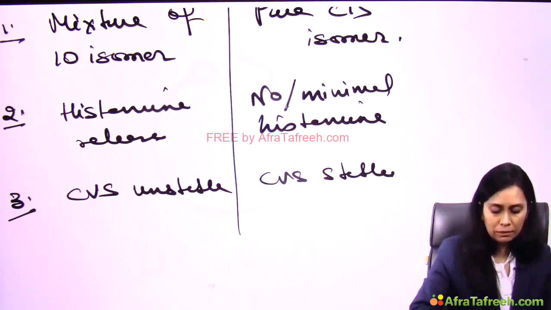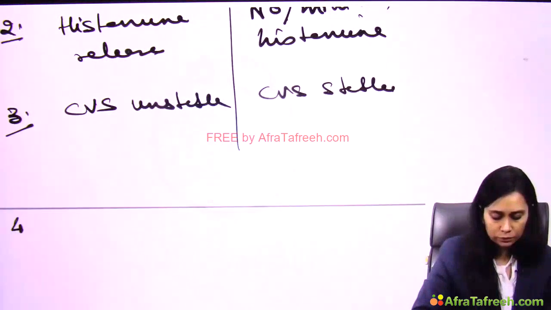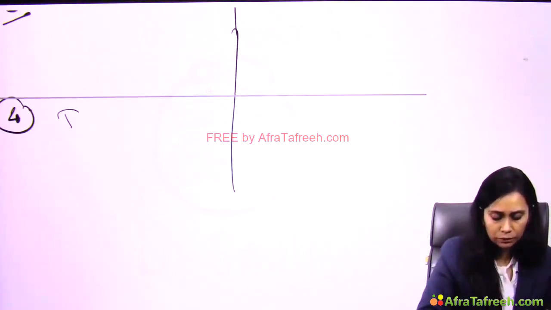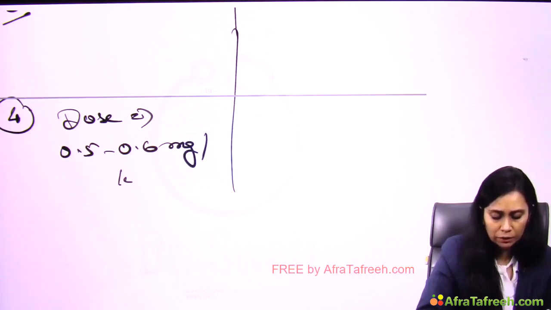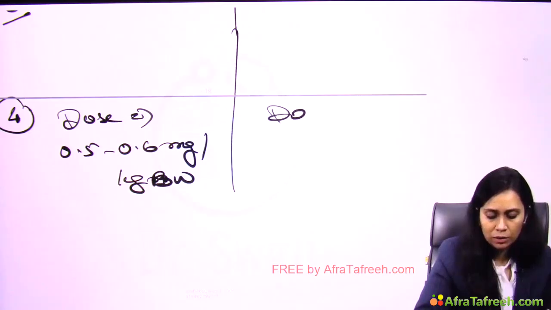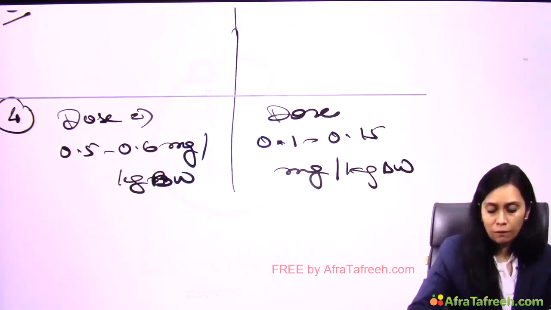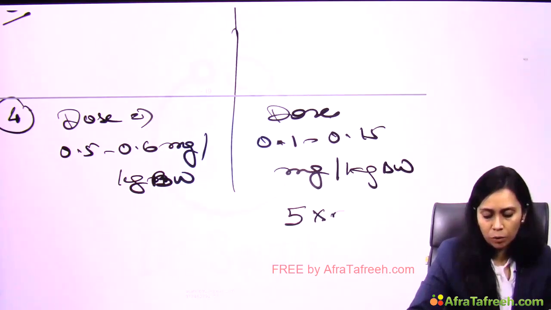Then fourth, dose. Dose of atra is 0.5 to 0.6 milligram per kg body weight. Cis atra dose is 0.1 to 0.15 milligram per kg body weight. So guys, 5 times more potent than atra.